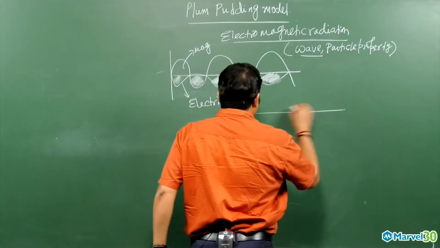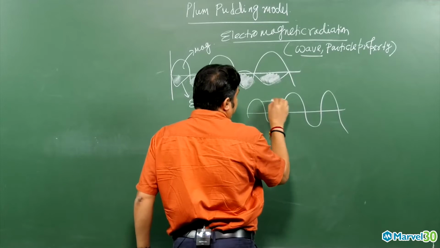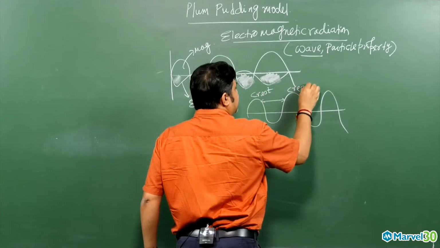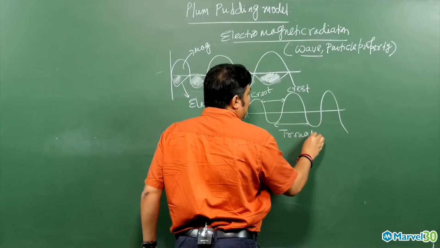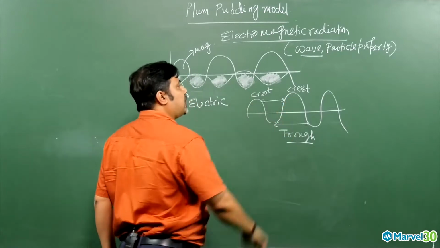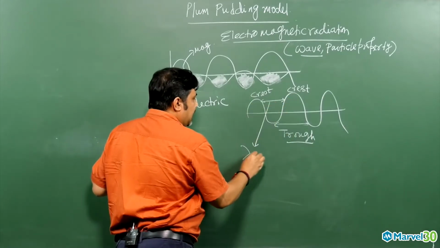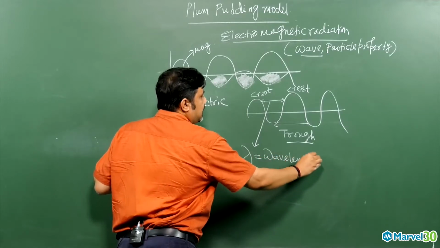Suppose this is the wave. This is called a crest, and this is called a trough. The distance between two crests or two troughs is called lambda, the wavelength.